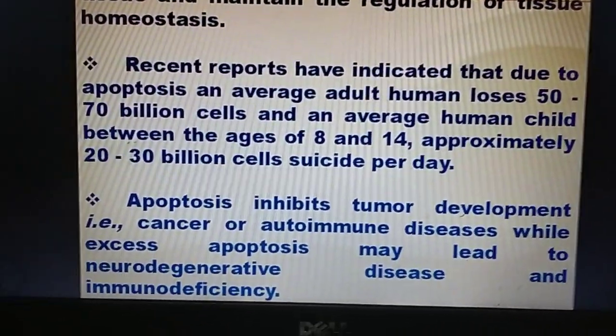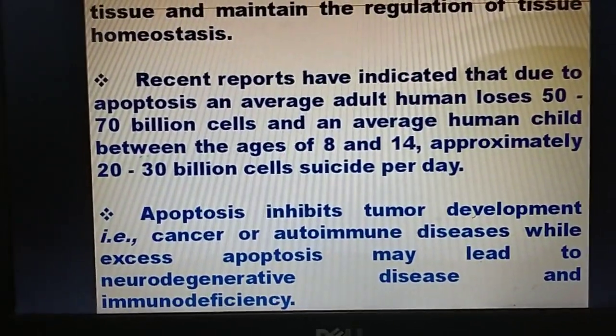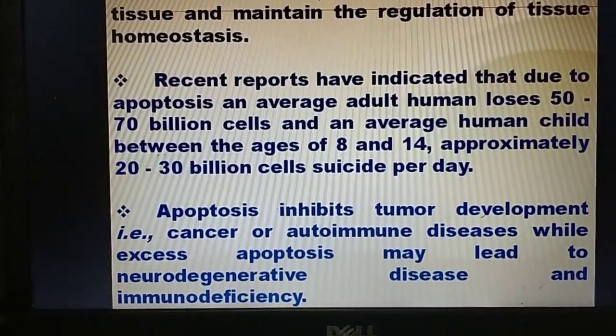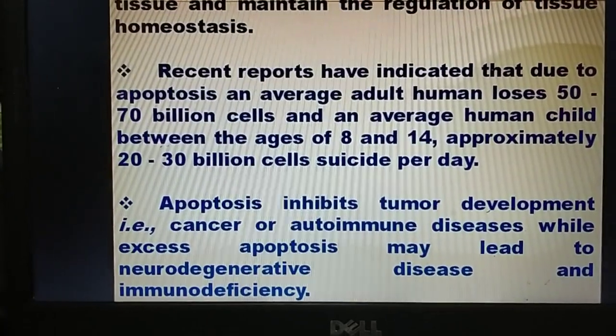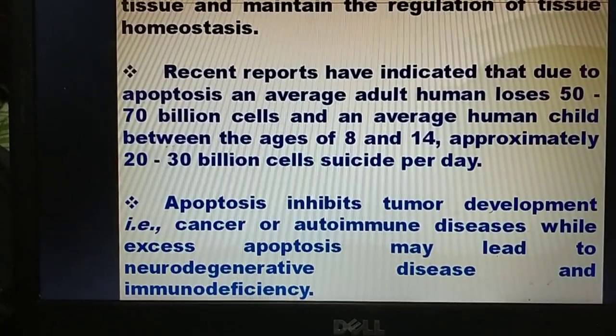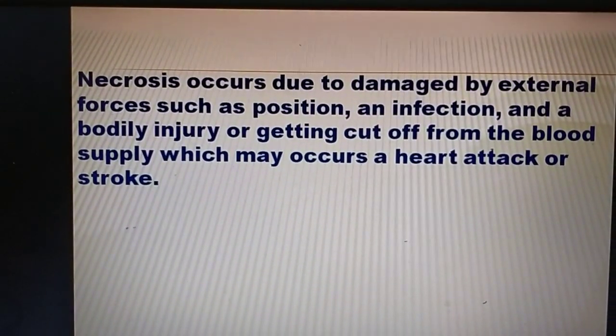Apoptosis inhibits tumor formation, that is cancer, or autoimmune diseases, while excess apoptosis may lead to neurodegenerative diseases and immunodeficiency.